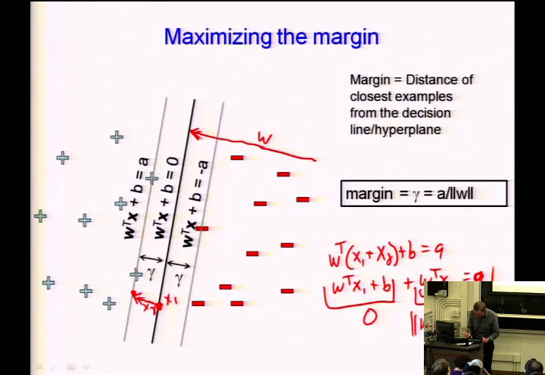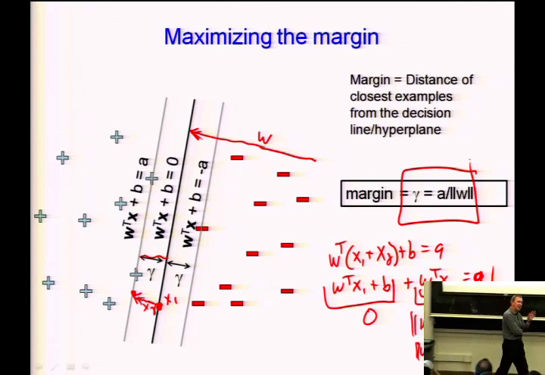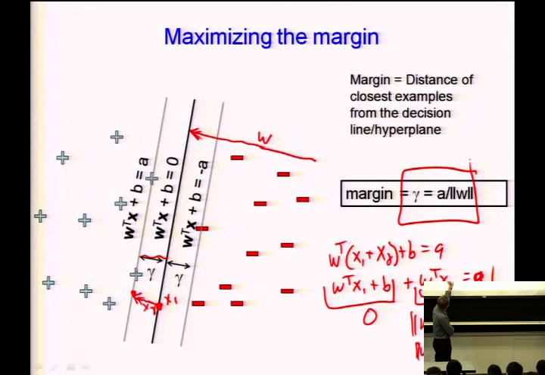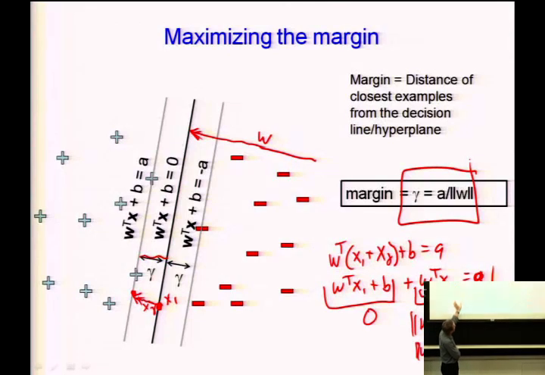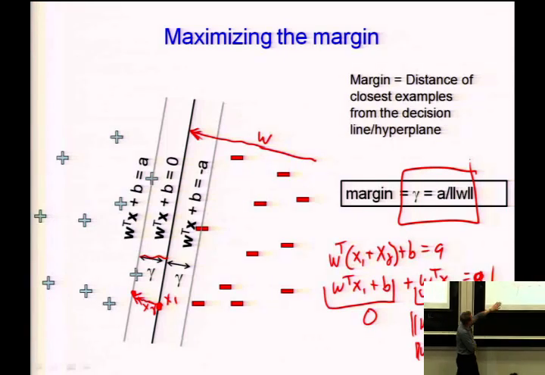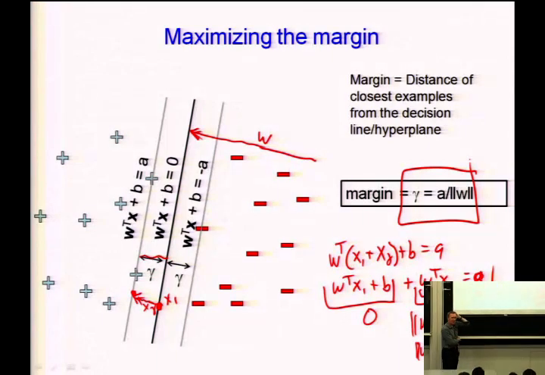And what's the magnitude of x gamma? Well, we already said this distance is gamma. Okay. So there's this nice relationship between the magnitude of our weight vector, this margin, and the value of the function that we get at the margin.